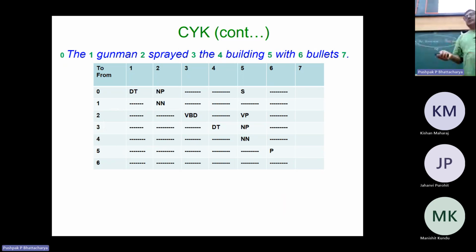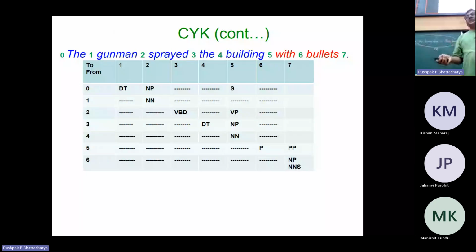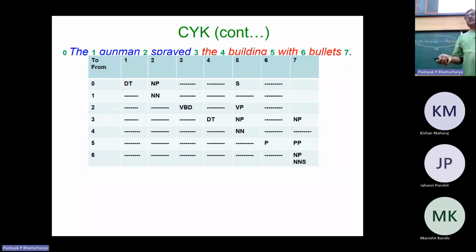Then I find an NNS, bullets, between 6 and 7. NNS is resolved as NP. P and NP gives rise to PP between 5 and 7. With bullets is a PP. That's fine. And then I do not find anything between 4 and 7. Building with bullets, no. Singular noun cannot start a phrase.